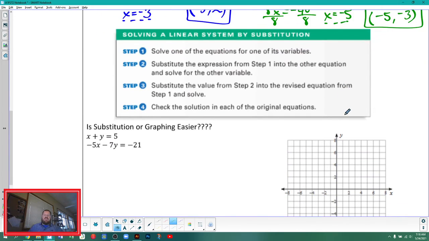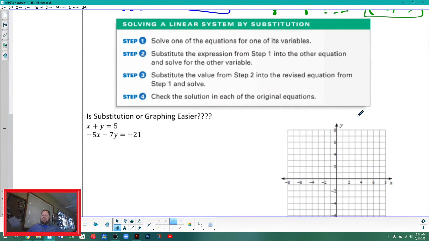So here's a step-by-step process now that we've seen a couple. We haven't had to do all these steps every time, but they are valid steps. First of all, we're going to solve one of the equations for one of its variables. Substitute the expression from step 1 into the other equation and solve for the other variable.